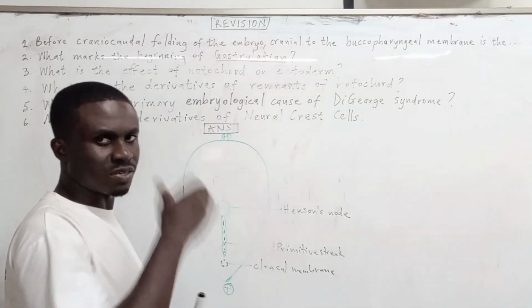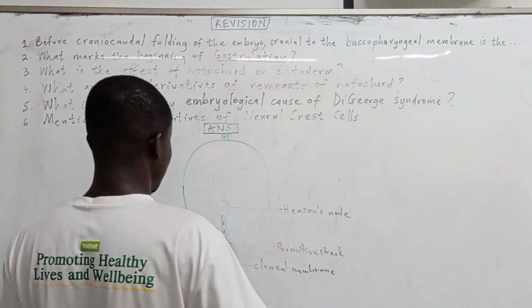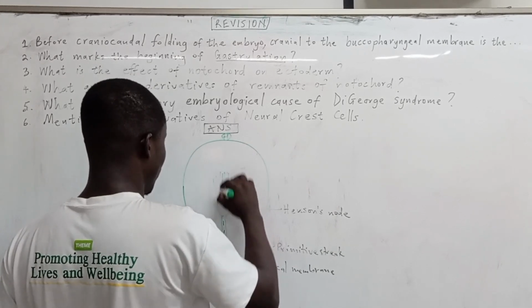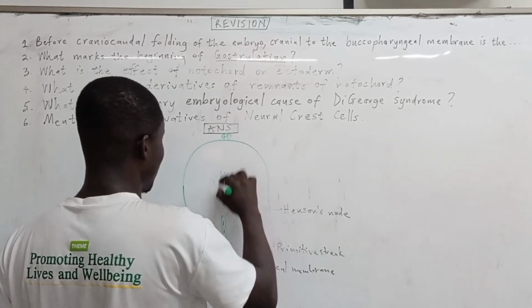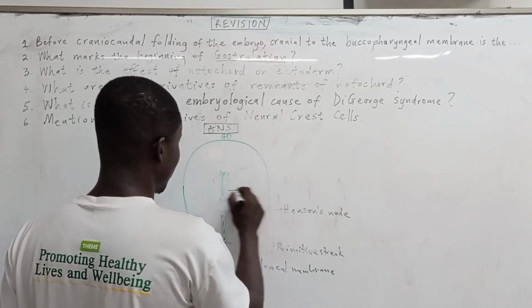And then emerging from the cranial region of Hensen's node, we find what we call the notochord.